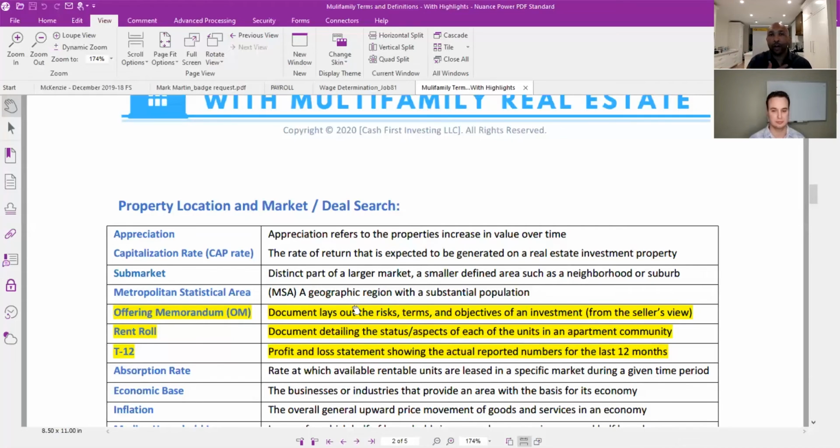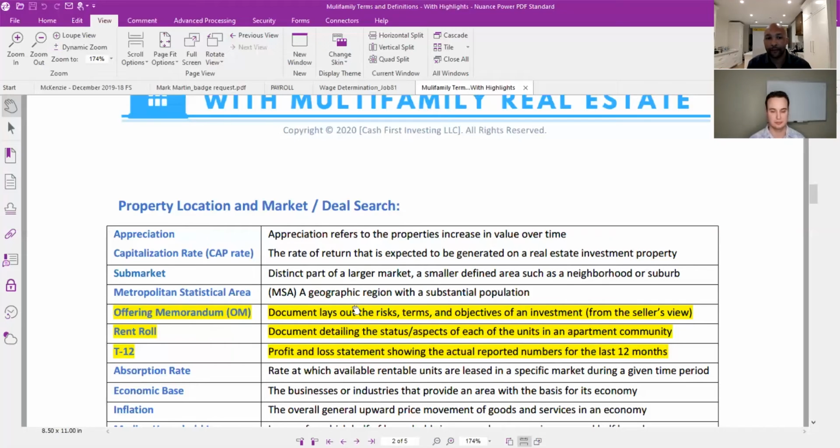So that would let me know that maybe this deal doesn't have as much opportunity as I initially thought it did, right? But if I'm buying a property that has rent at $1,000 and I'm getting $1,000 a month in rent, then that lets me know, hey, I need to dig into this. I might be able to increase rents to $1,100 because people are already paying the market rent.